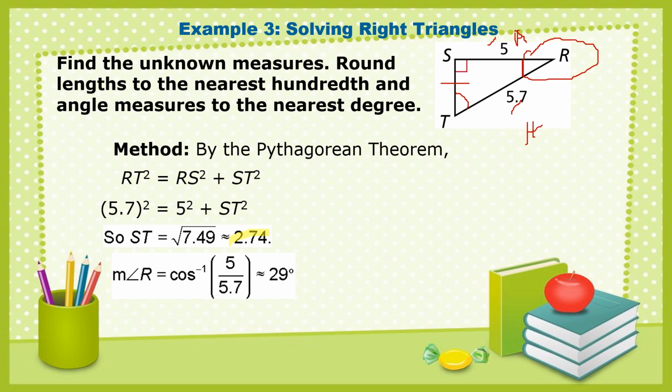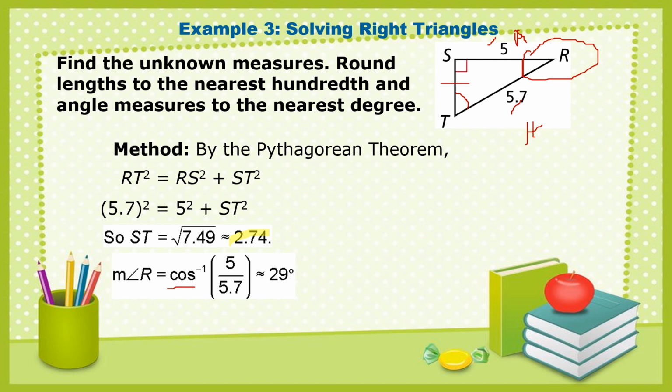So therefore, we need to divide. So cosine, since it is AH, cosine, inverse or reciprocal.